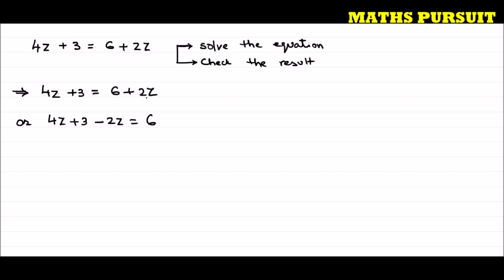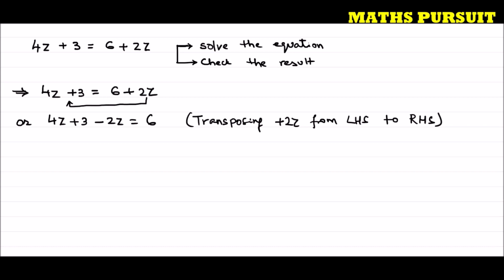What am I doing here? I am just moving this 2z to the left side of the equation, that means transposing plus 2z from the right hand side to the left hand side.